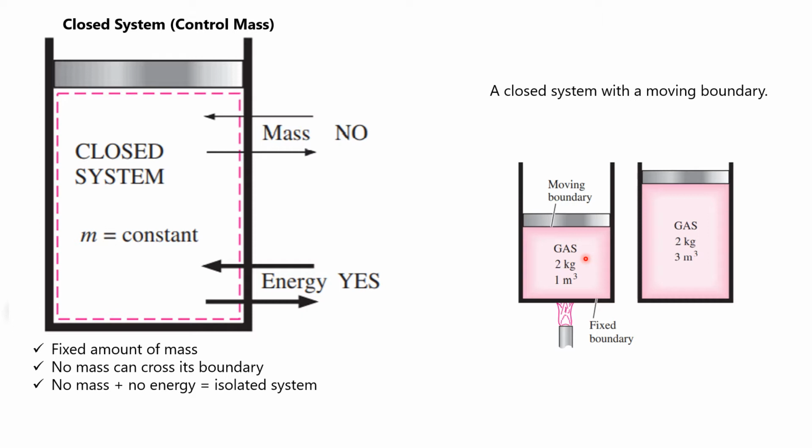And since no mass is crossing this boundary, it is considered a closed system. Notice that energy may cross the boundary and part of the boundary, the inner surface of the piston, may move. Everything outside the gas, including the piston and the cylinder, is the surroundings.